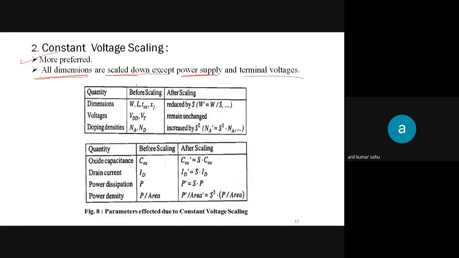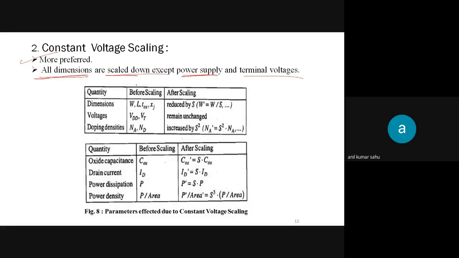In constant field scaling, your voltage is also changed, your power supply is also changed, but here we have to keep the voltage constant. Which one is the voltage in this particular parameter? It is the power supply. So we have to maintain a constant power supply, right?